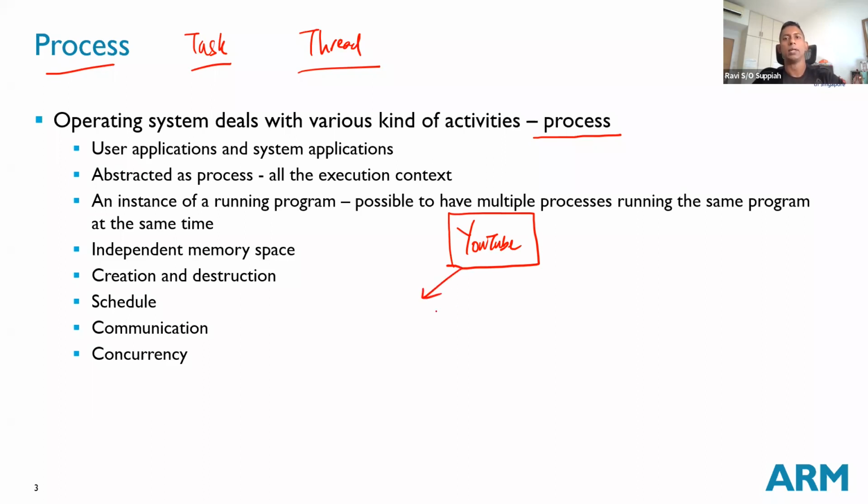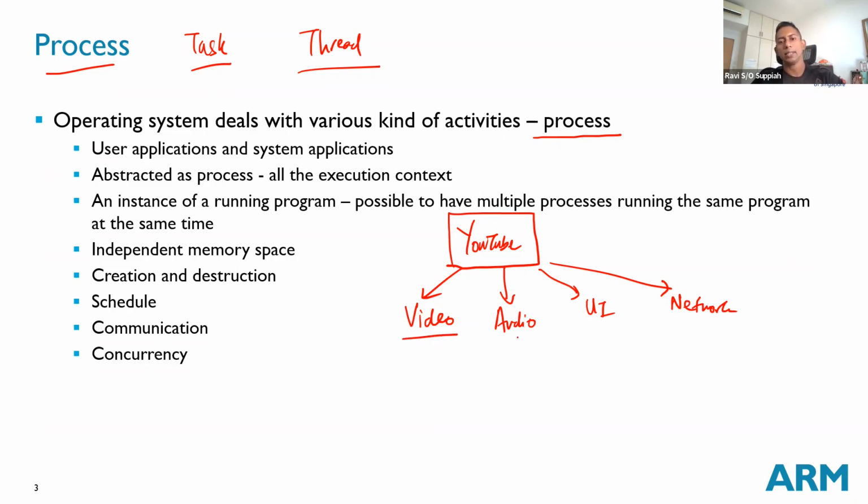I need to manage my video data, the picture, the pixels and all of those. Then I need to manage the audio, then the user interface, and then I also need to keep track of the network data. I'm just giving you a very high level overview. There could be many other subtasks.